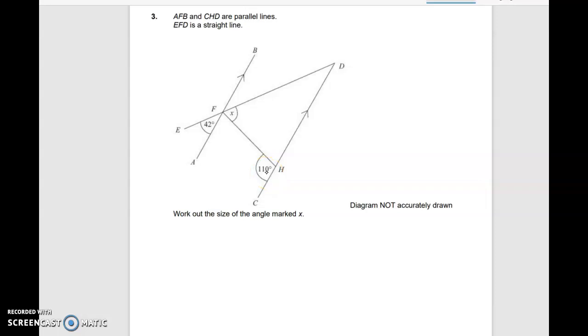Then I know that this angle here inside the triangle is on a straight line. So this angle here, which is DHF, is equal to 70 because 110 plus 70 is 180, which is a straight line.